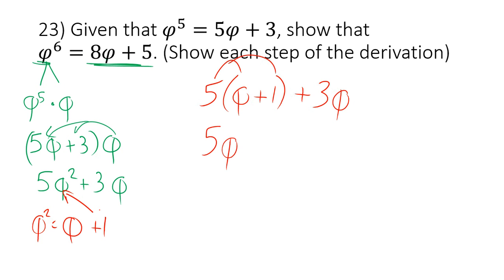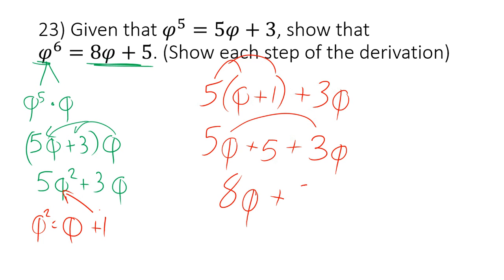So we got 5 phi plus 5 plus 3 phi. Combine like terms, getting you 8 phi plus 5. And as you see, it's the original. So you can keep doing this over and over again until you get the next one. All right. Hopefully this will help with your homework.